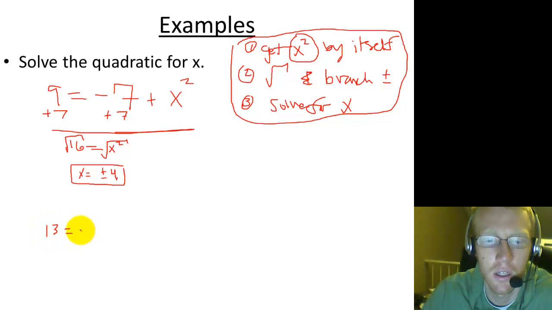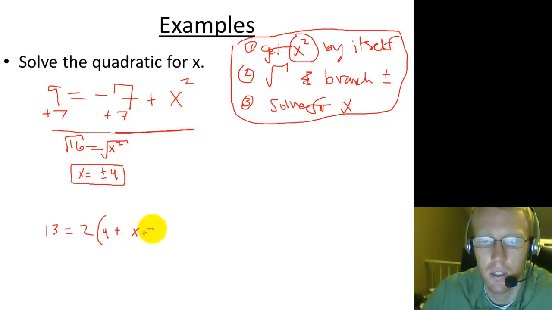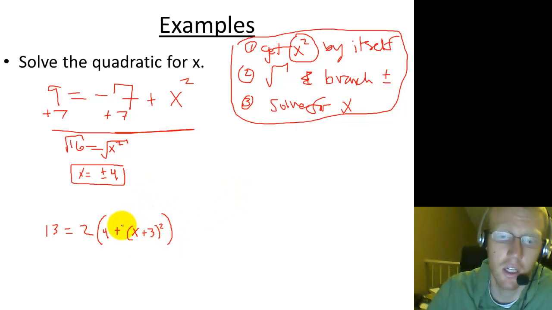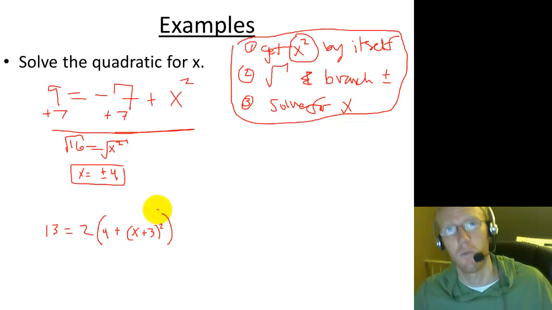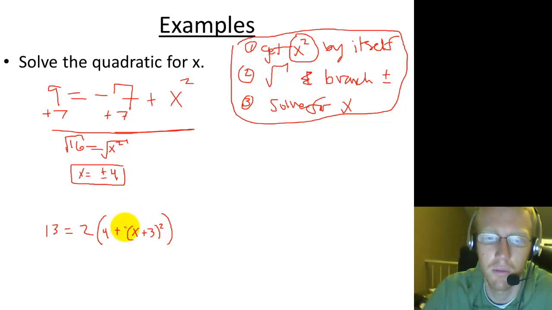13 equals, I don't know, 2 times 4 plus x plus 3 squared. So this is starting to get a little bit complicated looking, but if we start from the outside and work our way in, it should be pretty easy.